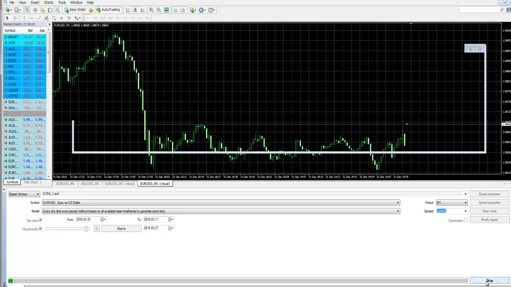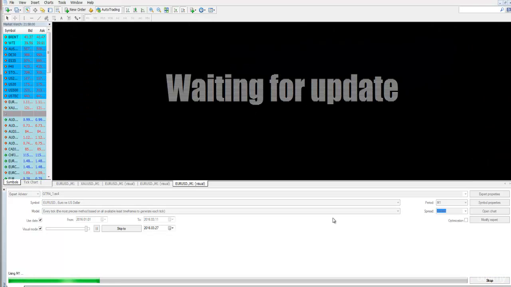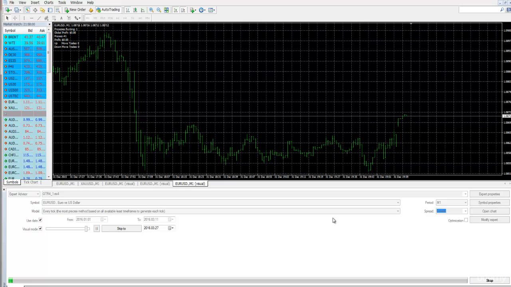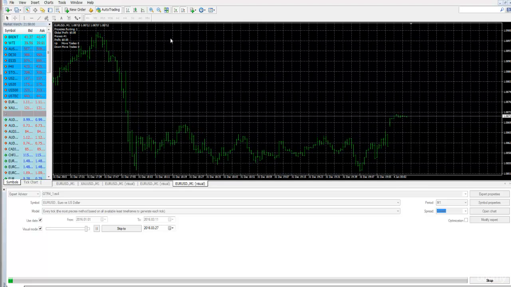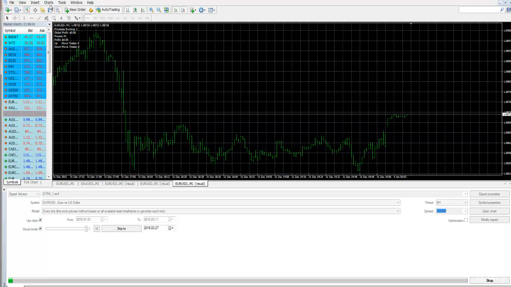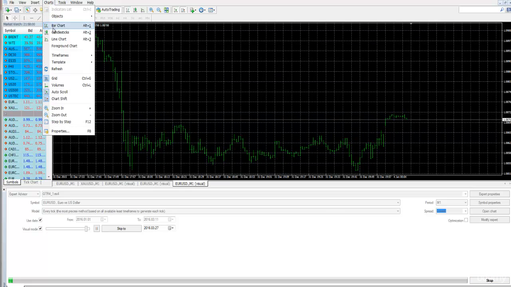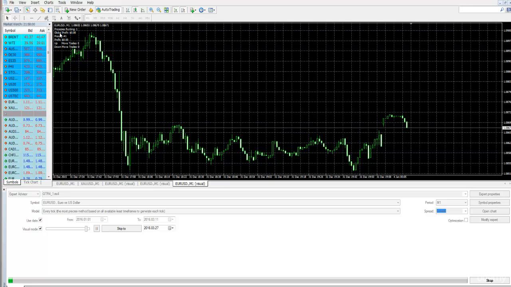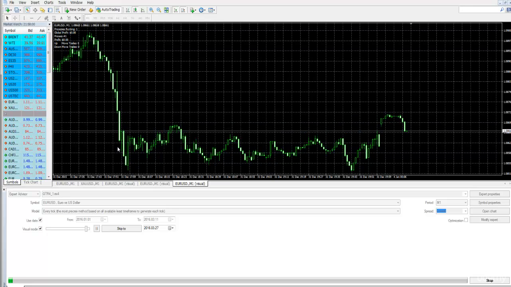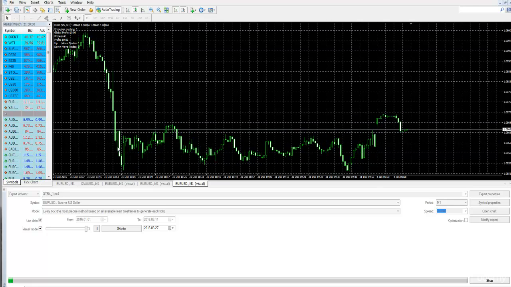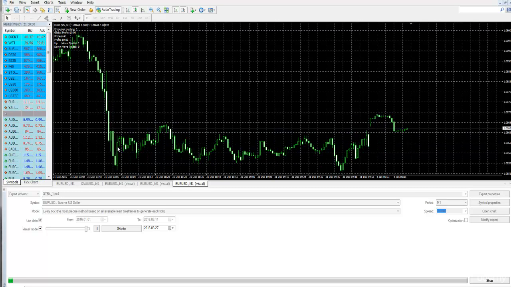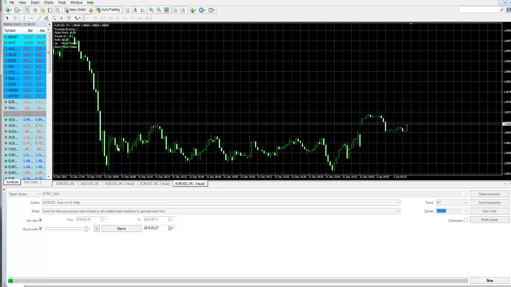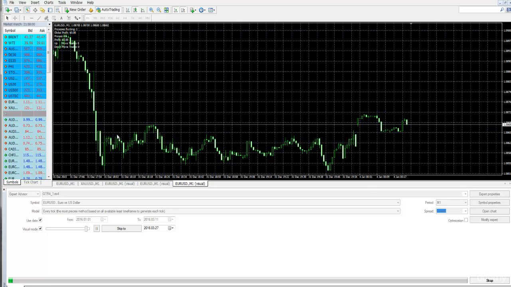Let's start. I personally like to see the graphs in candlesticks, so I change it here. Now we can see that the EA started to run starting January 1st this year, 2016.